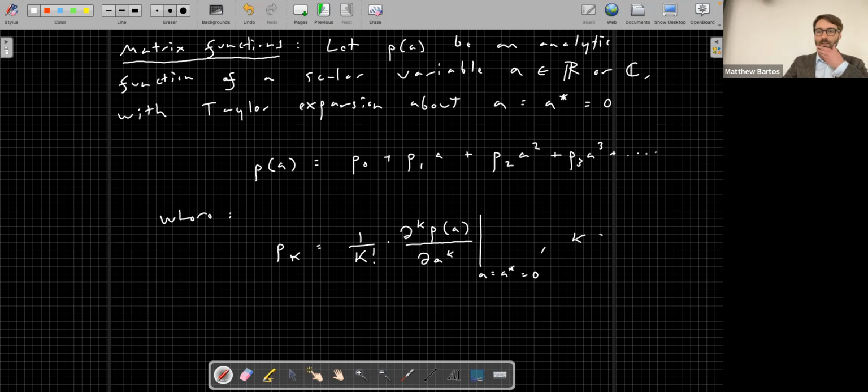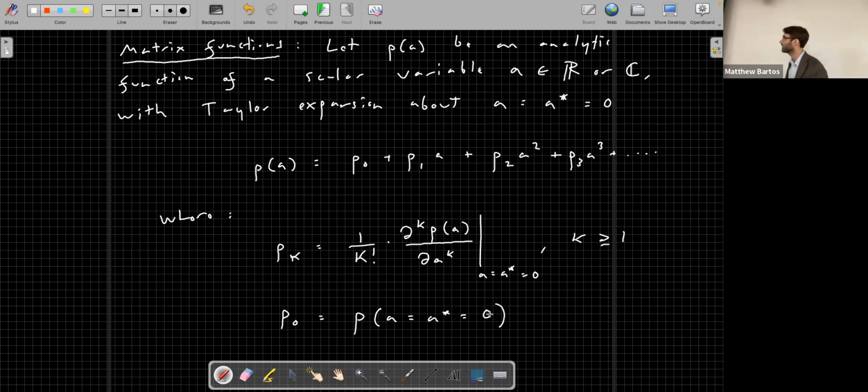This is for k greater than or equal to 1. And P naught is just simply our function P evaluated at A equal to A star, which is equal to 0 in this case. Okay, so this is just the definition of a Taylor expansion of a function.